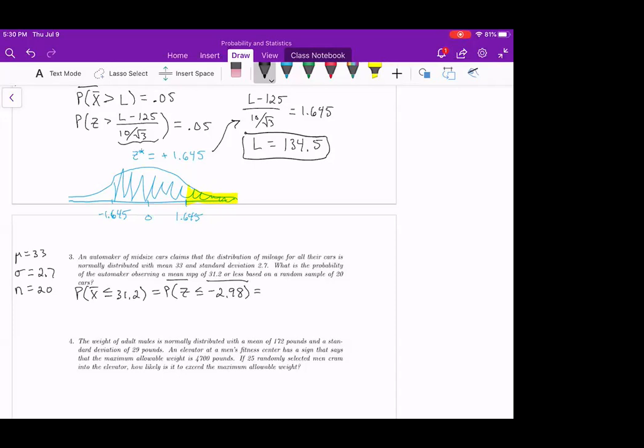And this is a less than probability. It's a negative z-score, which is exactly what that table gives you directly. So there's no manipulation required. When you look in the table, you should find 0.0014 as the probability.